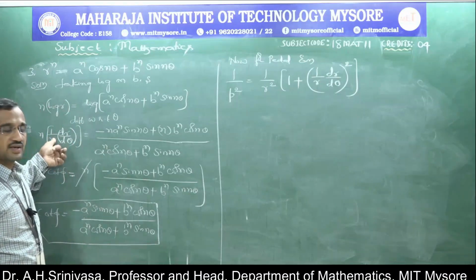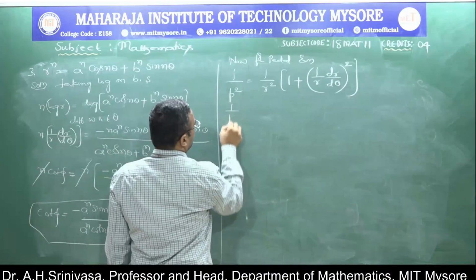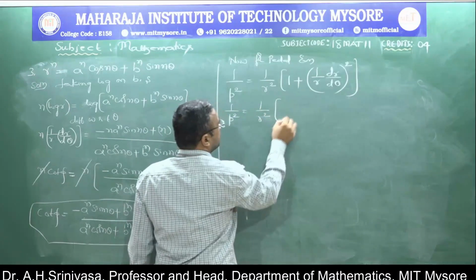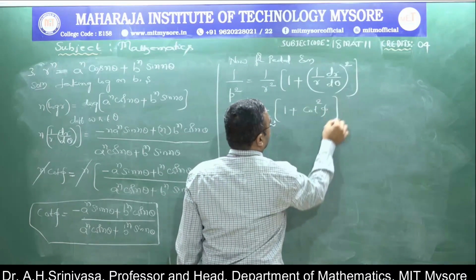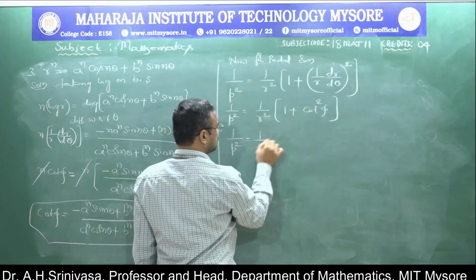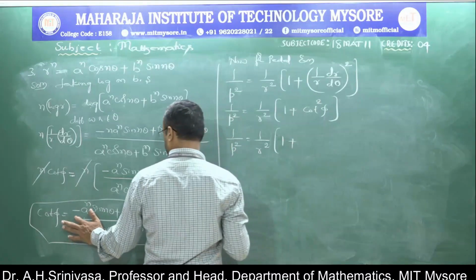Your cot phi is simply 1 by r dr by d theta. So simply you can write 1 by p square equal to 1 by r square into 1 plus cot square phi.